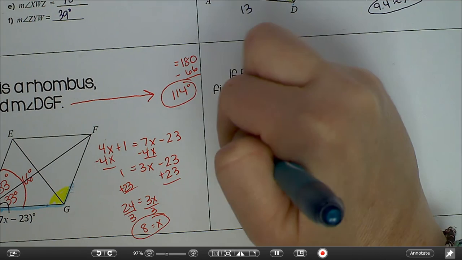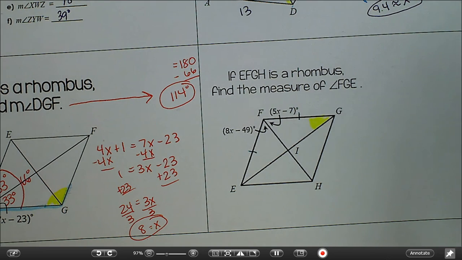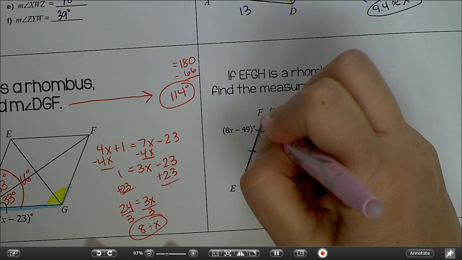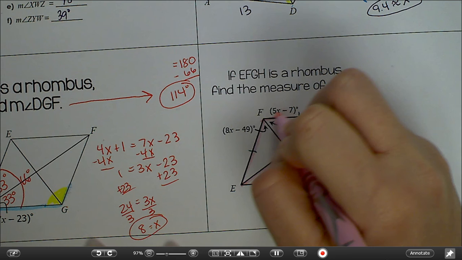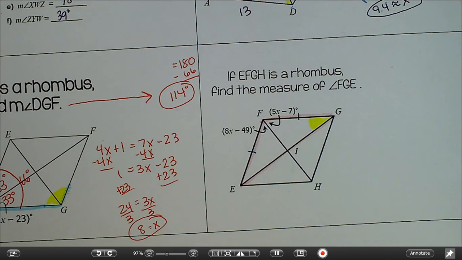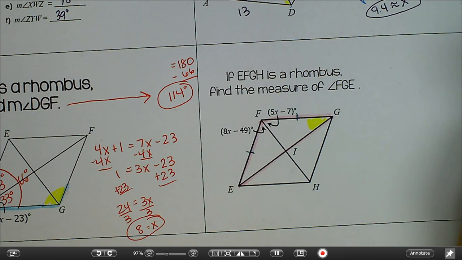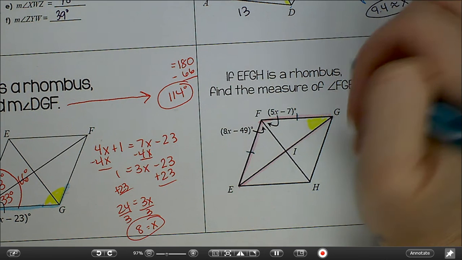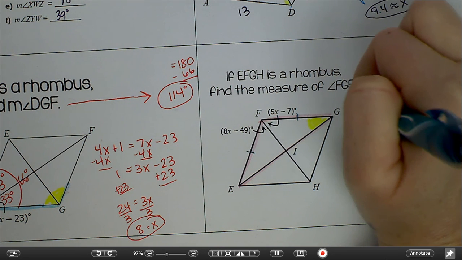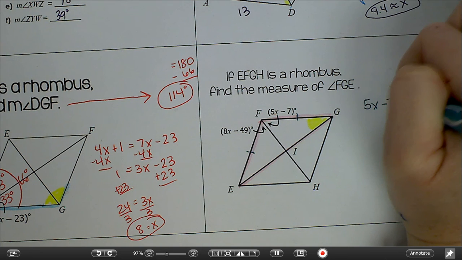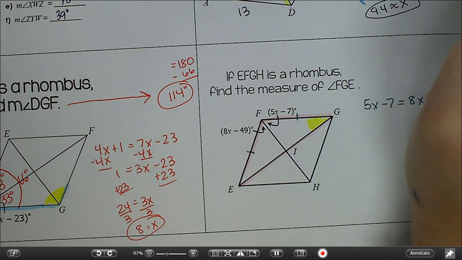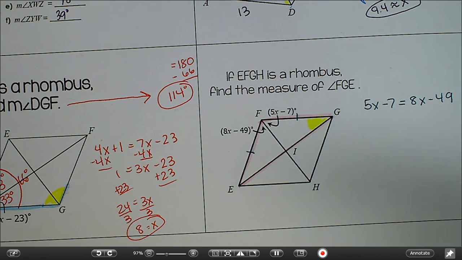All of a sudden I just was like, oh, but that would be an isosceles triangle. Let me show you what I'm looking at. And again, this is just what jumped into my head. I don't think I've ever done this problem this way before. I do know that these are congruent because in a rhombus, diagonals bisect the angles. So I'm going to find x by setting up an equation. So go ahead and solve.